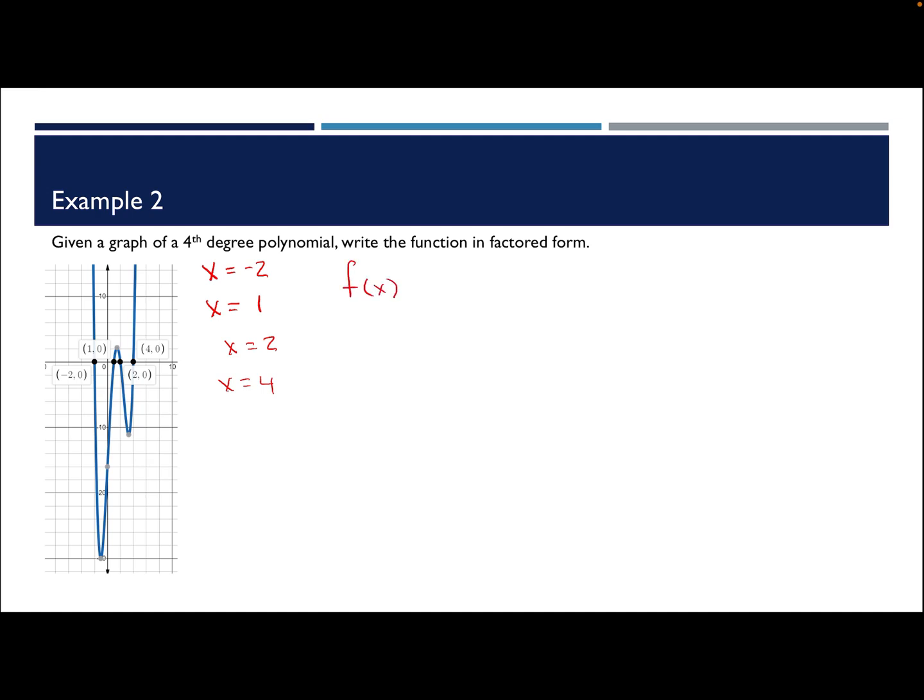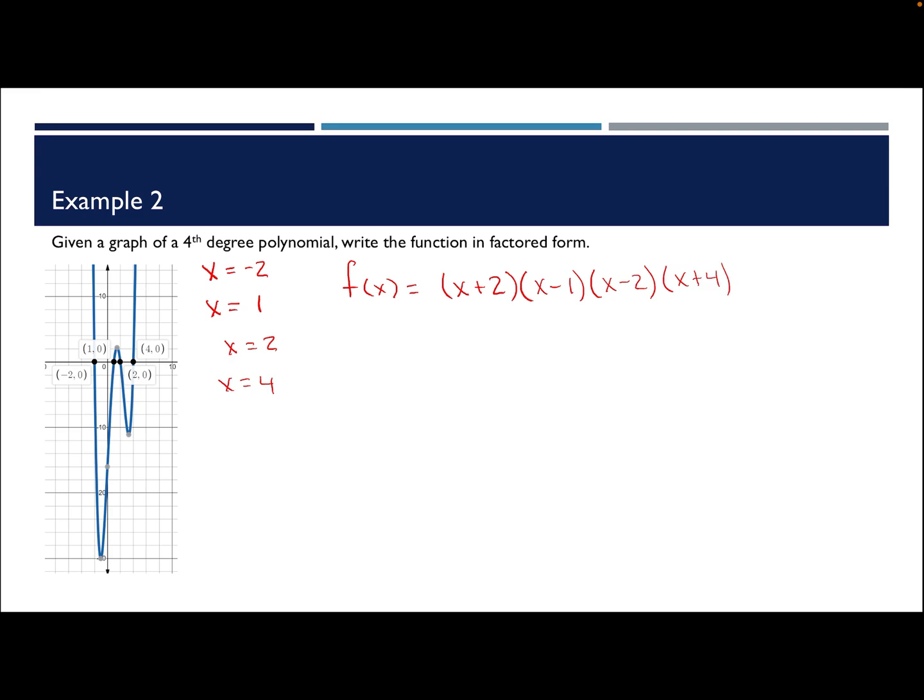So if we write this in factored form, we're going to have x plus 2 times x minus 1 times x minus 2 times x plus 4. The order in which you multiply these does not matter. For these higher degree polynomials, I would just leave it in factored form.